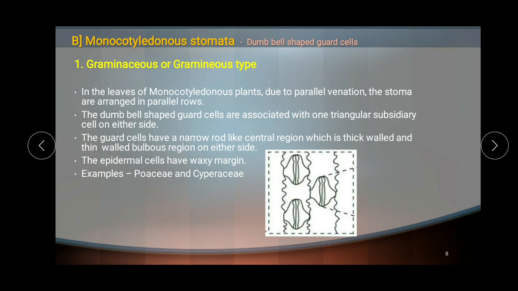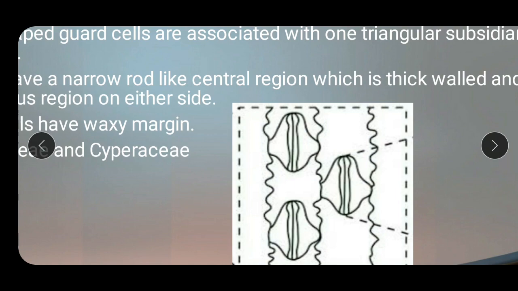The dumbbell shaped guard cells are associated with one triangular subsidiary cell on either side. Here in this diagram, these are the subsidiary cells which are triangular in shape. These triangular subsidiary cells are present on these central guard cells.